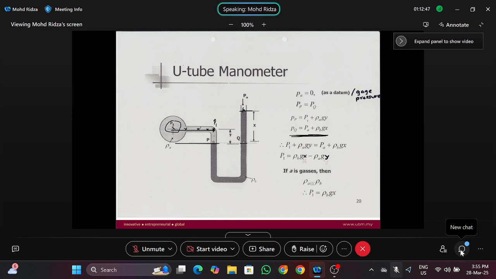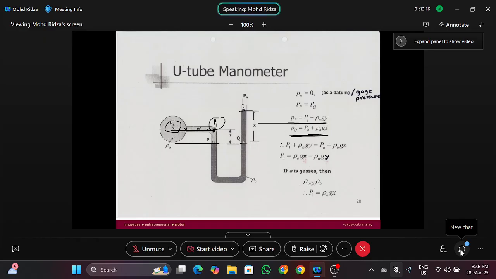The rho of this grey liquid, which is A, rho A, G, and the distance between 1 and P, which is Y. So we have rho A times G times Y. That's why we have this equation: P at P equals P1 plus rho A G Y. So now we have pressure at P.